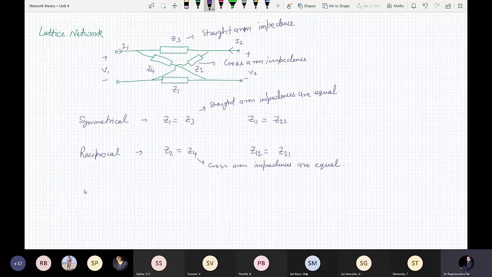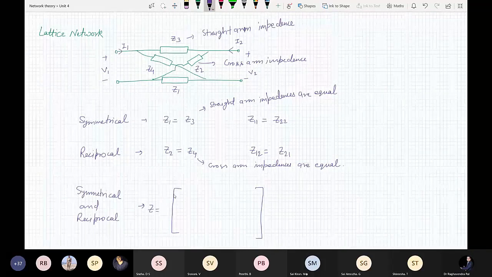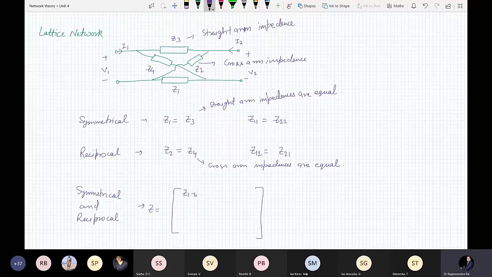So when a network is symmetrical as well as reciprocal, means both the conditions are satisfied. In that case, what will happen? Both the conditions are satisfied. In that case, the Z matrix will be Z1 plus Z2.